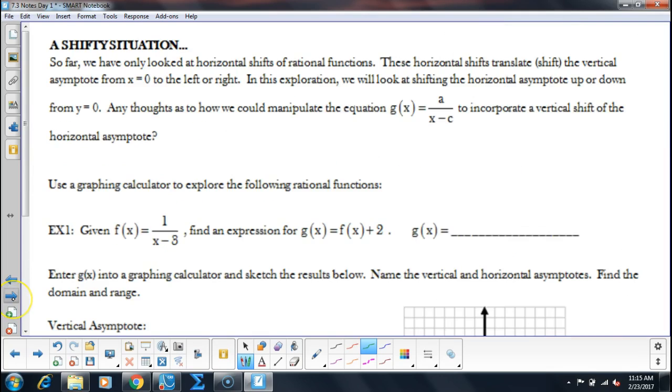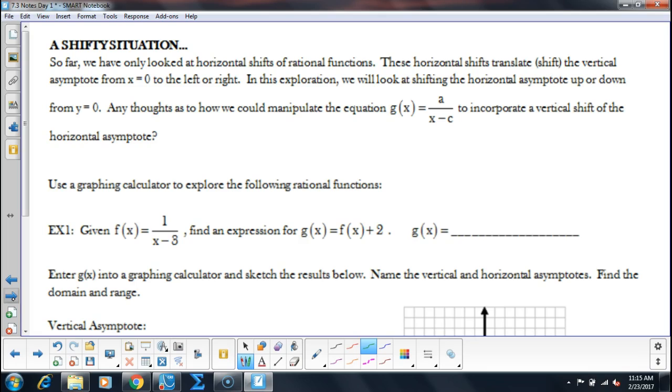So, last couple of days we've been talking about vertical asymptotes. So today, tomorrow, and Monday, we're going to talk about horizontal asymptotes. Okay? So, we're going to shift things vertically now away from the y equals 0.